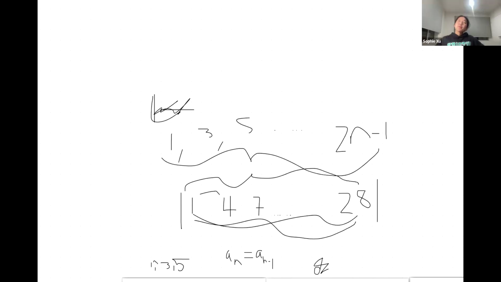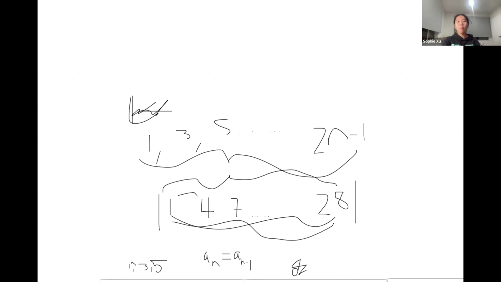So it's 2n times n divided by 2. Yeah, good job. That's why the sum of the first n odd numbers is n squared.